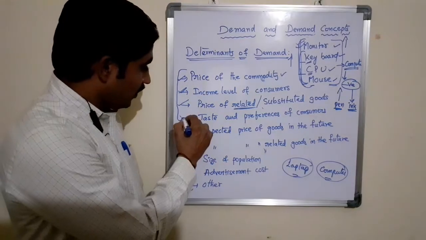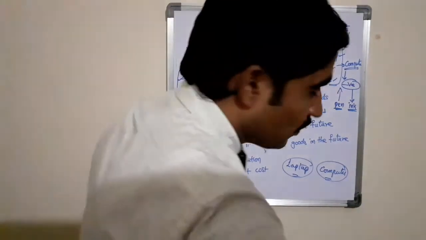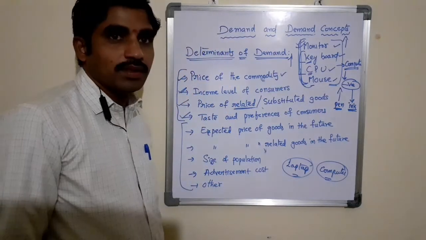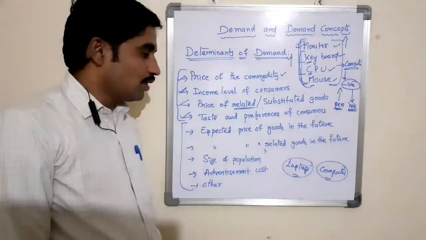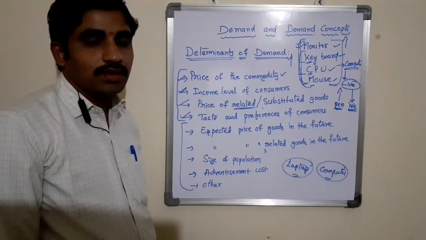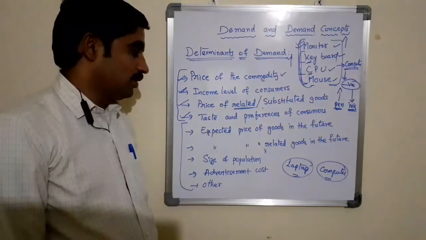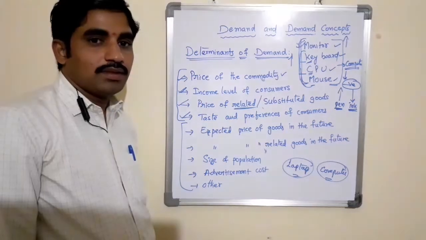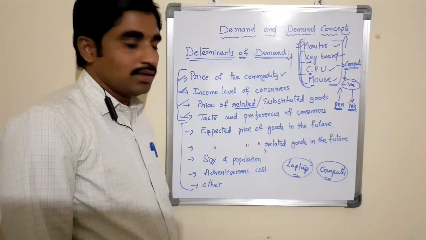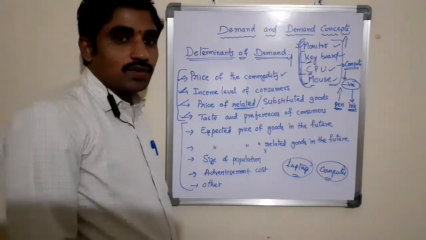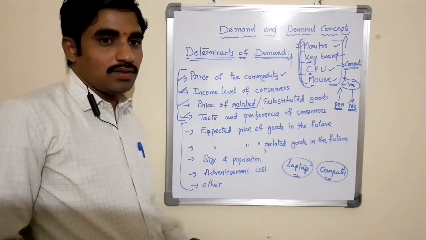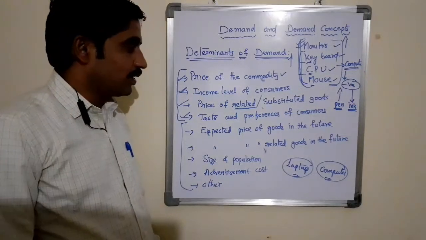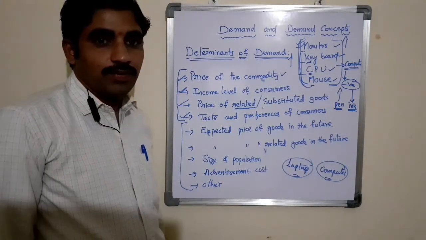Next, the fourth one is taste and preferences of customers. So here the taste and preferences of customers is also one of the most important determinants of demand. It means nothing but habits, fashions, taste, desires, wants, likes, needs. All these also affect the demand of a product.